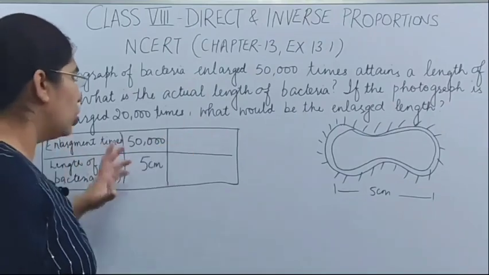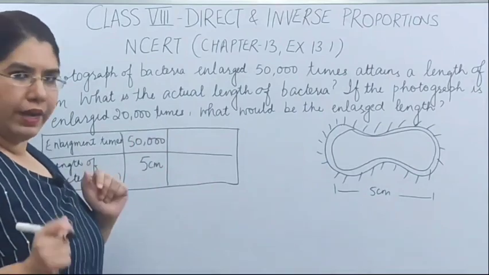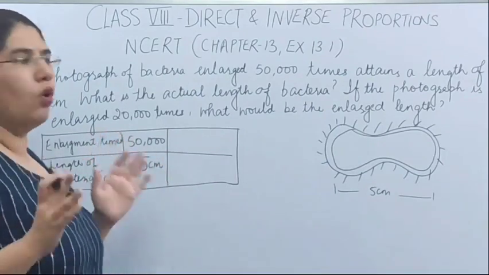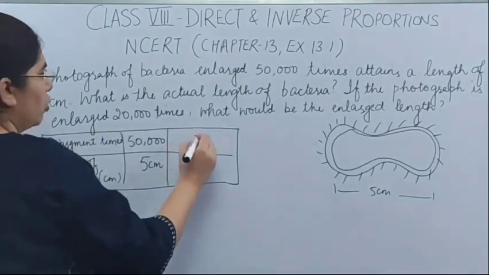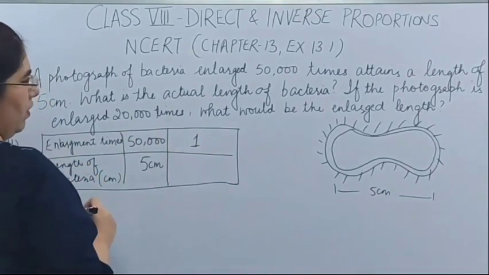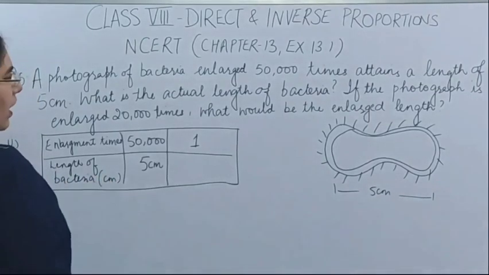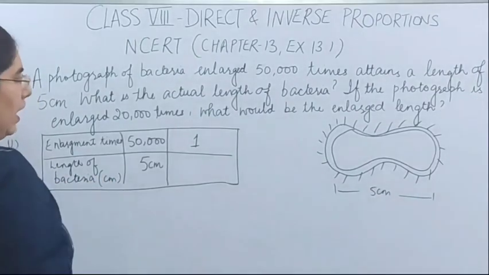Now, actual length will be when there is no enlargement, right? When there is no enlargement. So, enlargement times is 1. Enlargement times is 1. And then we have to calculate what is the length.